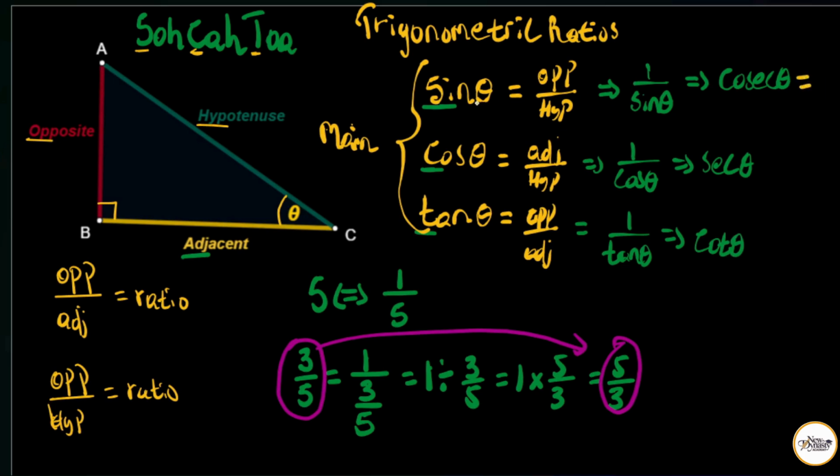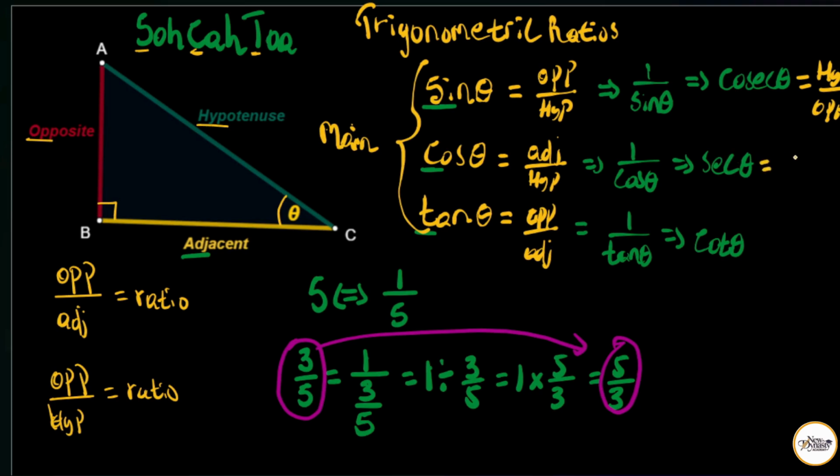Since we saw that the reciprocal of 5 is 1 over 5, and the reciprocal of 3 over 5 is 5 over 3, now we have said that sine is the opposite over the hypotenuse. So if I'm looking for the reciprocal of opposite over the hypotenuse, obviously that is going to be your hypotenuse over the opposite. Which means your cosec of theta is the hypotenuse over the opposite.